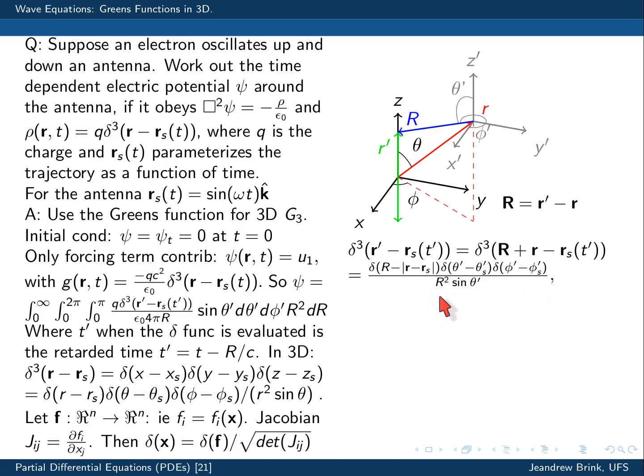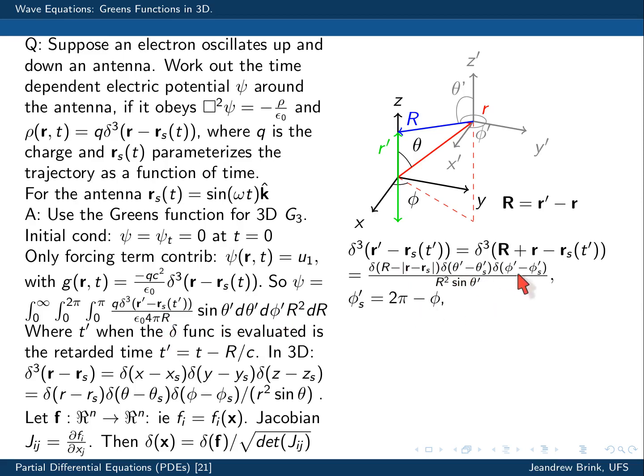When we do that, evaluating this thing becomes amazingly simple, because the sine phi prime and r squared term basically vanishes, and we're just left with a whole bunch of delta functions over r that we have to evaluate.